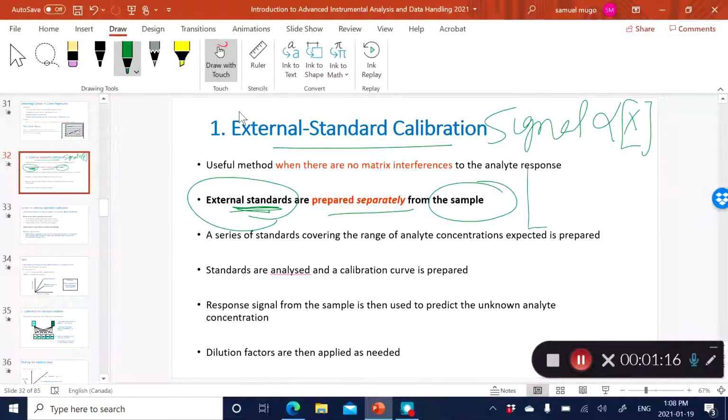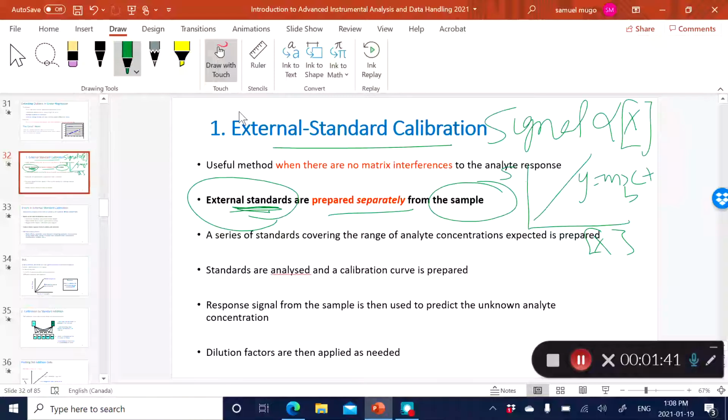And after that, you would generate your calibration from the standards. And the calibration, of course, has got the regression equation, meaning it's a linear relationship, that is a signal versus a concentration. And then after that, you run the sample separately from the standards.